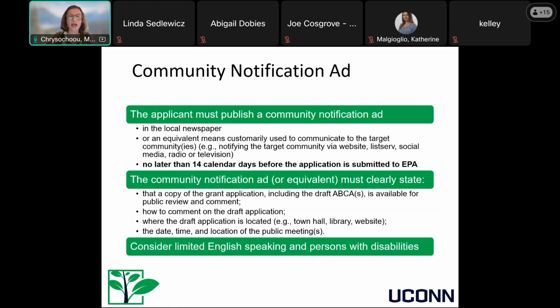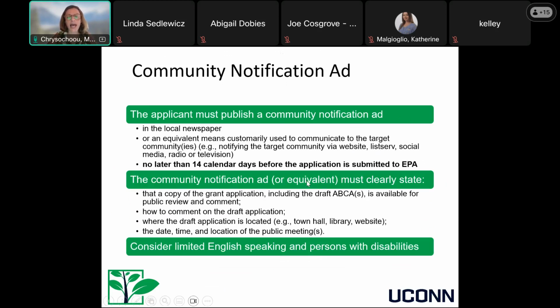So this brings us to the community notification ad. You must publish that ad either in the local newspaper or an equivalent means that you use to communicate to your community. That may be your website, an email listserv, social media, radio or television, or multiple means of those. The newspaper and the website are typically the two most frequent types of notification ads that people use.